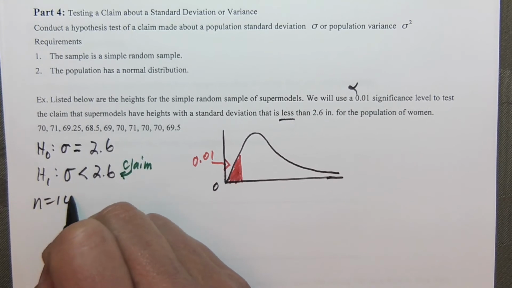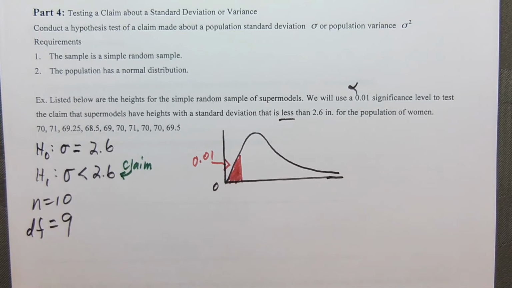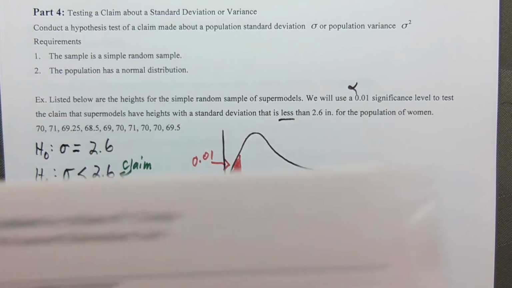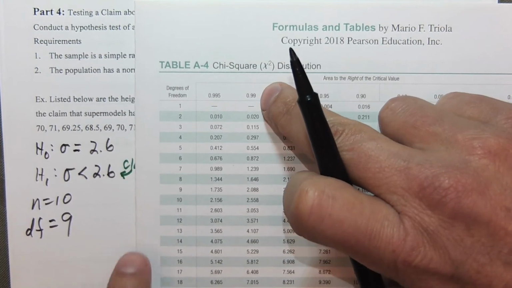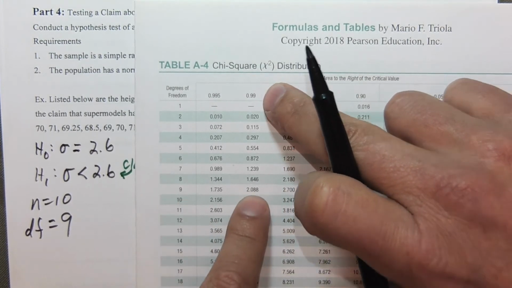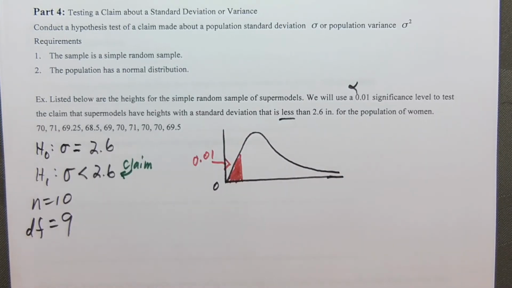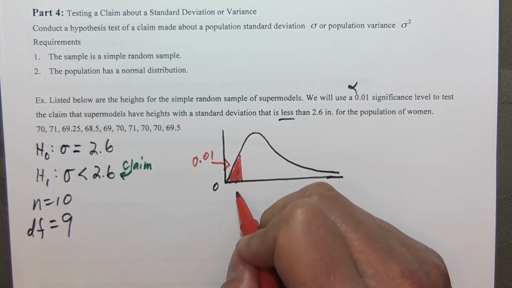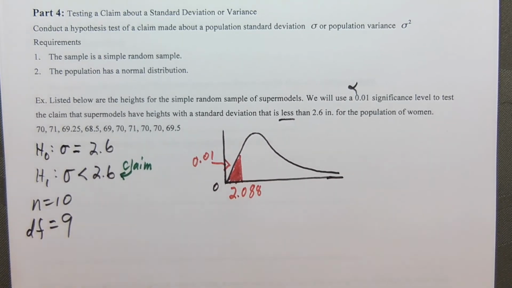N is 10, which means the degrees of freedom is 9. So I'm going to use my table: 0.99 to the right, degrees of freedom of 9. So here's my value right here, 2.088. That's my critical value.